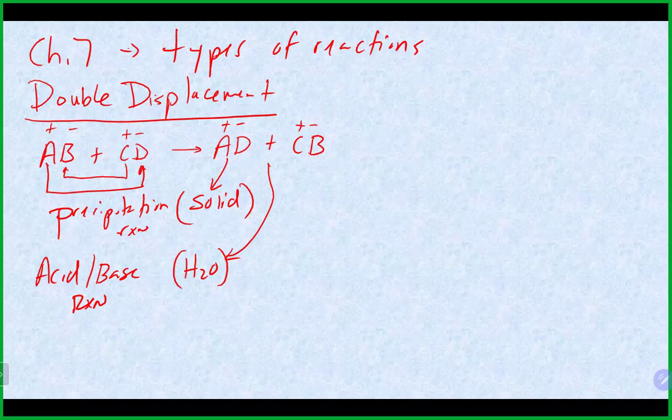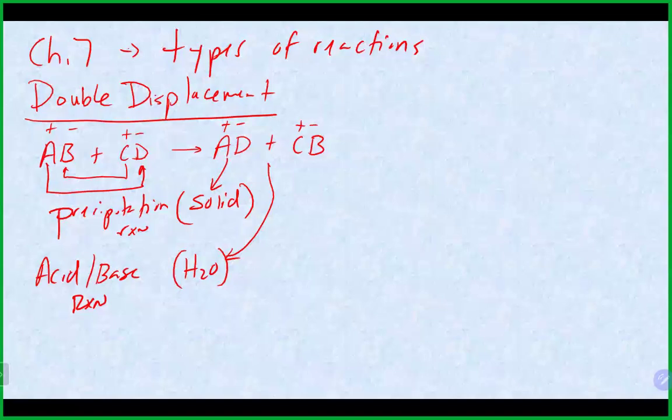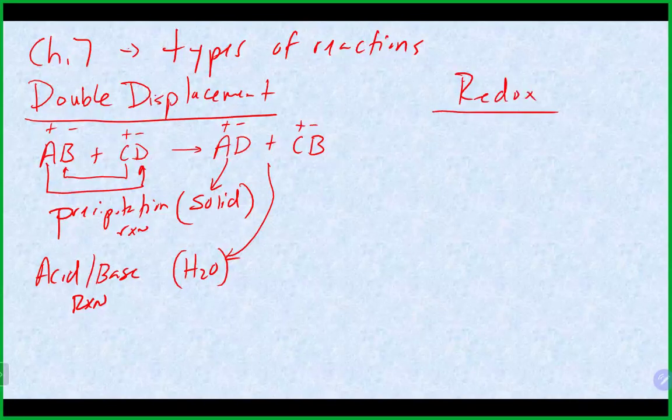As we will see a little later today, underneath that umbrella you can more specifically classify reactions in other ways, but at the core of what's happening is still a double displacement reaction. On the other side of the big umbrella of reactions are what are referred to as redox reactions.